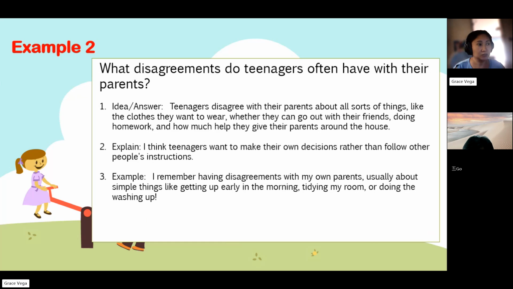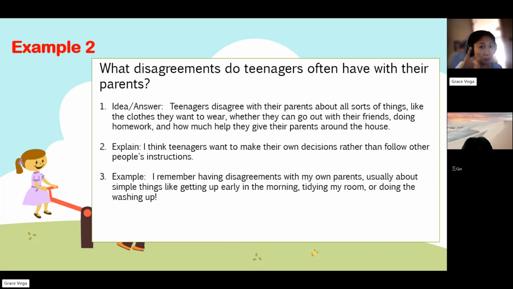So the idea, step one, the answer would be like, teenagers disagree with their parents about all sorts of things, like the clothes they want to wear, or whether they can go out with their friends, doing homework, and how much help they give their parents around the house. Okay, so this is the basic idea. You just answered the question. What disagreements do teenagers have with their parents?